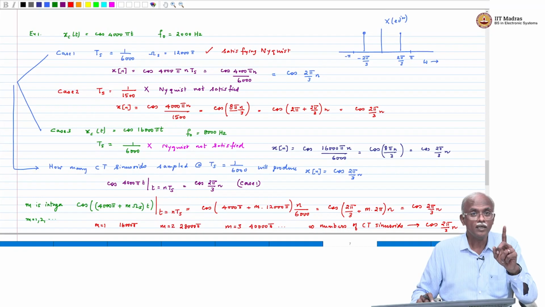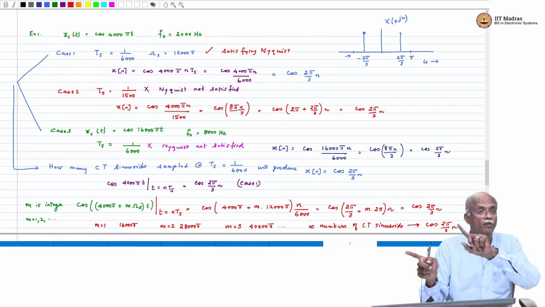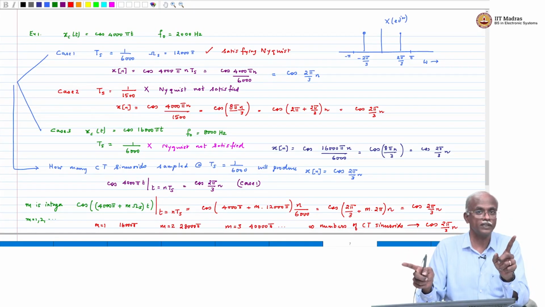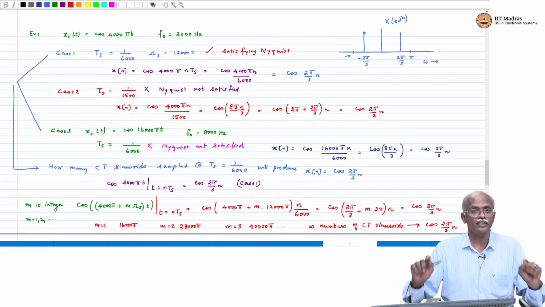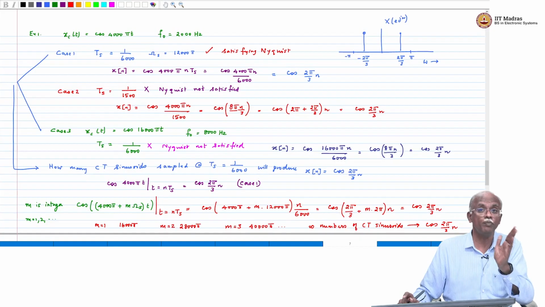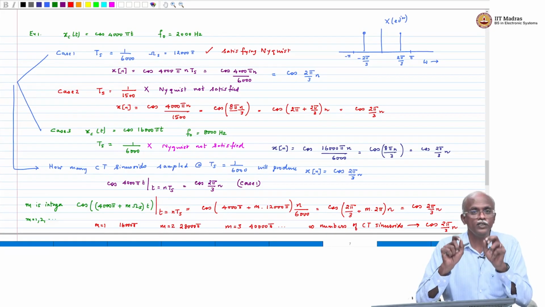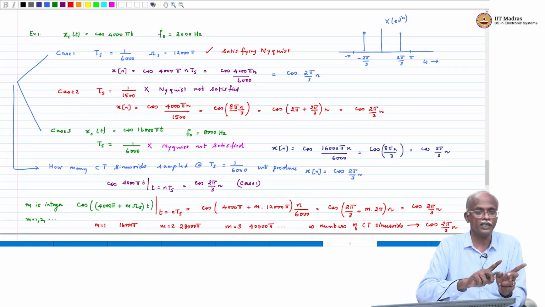Case 1, Nyquist condition satisfied. In which case, if you reconstruct, you will get back the continuous time sinusoid. All the others have aliasing. So when you reconstruct, you will get back some other sinusoid. It will not be the original. So the important thing is, when you satisfy the Nyquist criterion, you can recover the original signal.